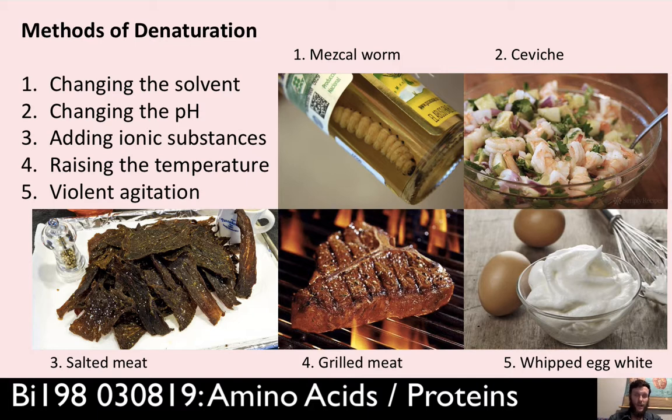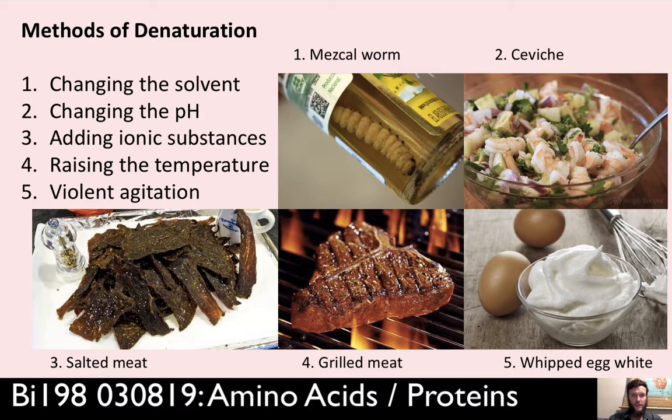It changes those hydrophobic and hydrophilic interactions that maintain the native fold of the proteins, and it disrupts that native fold, denaturing the protein and rendering it inactive and edible to us. I mean, it would be edible raw, but I guess it's a little bit better sitting in the bottom of a bottle of mezcal.